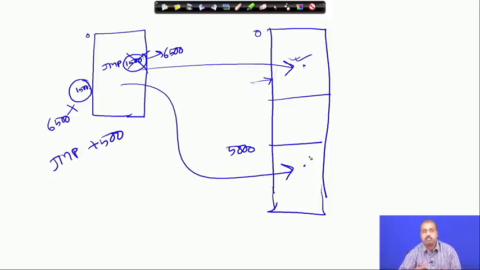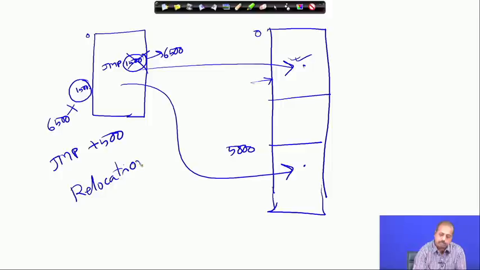So there is no difference even if the program is loaded from a different address compared to address 0. This helps in the process called program relocation, that is, the program may be loaded from a different address the next time it is loaded into memory. That is how these relative jumps are useful.